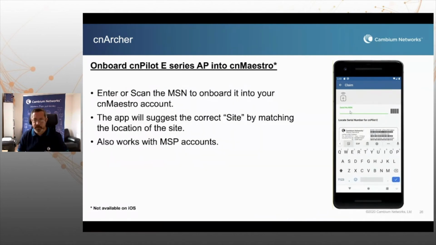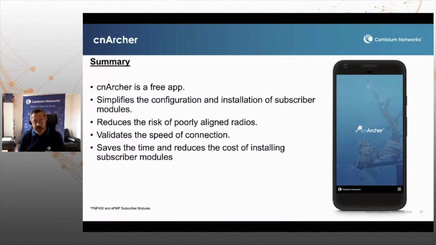So in summary, CN Archer is a free app. It reduces the time taken to install subscriber units. It reduces the risk of poorly installed, low speed, and saves time and money for your installation.